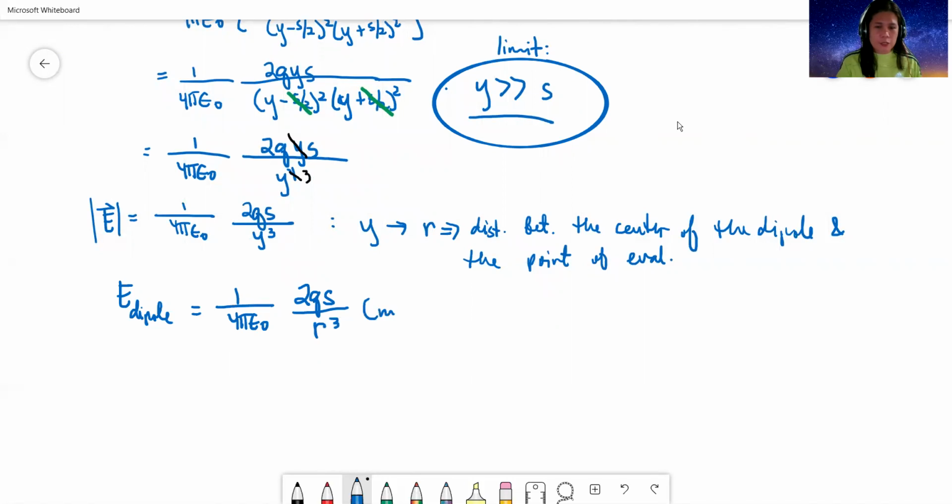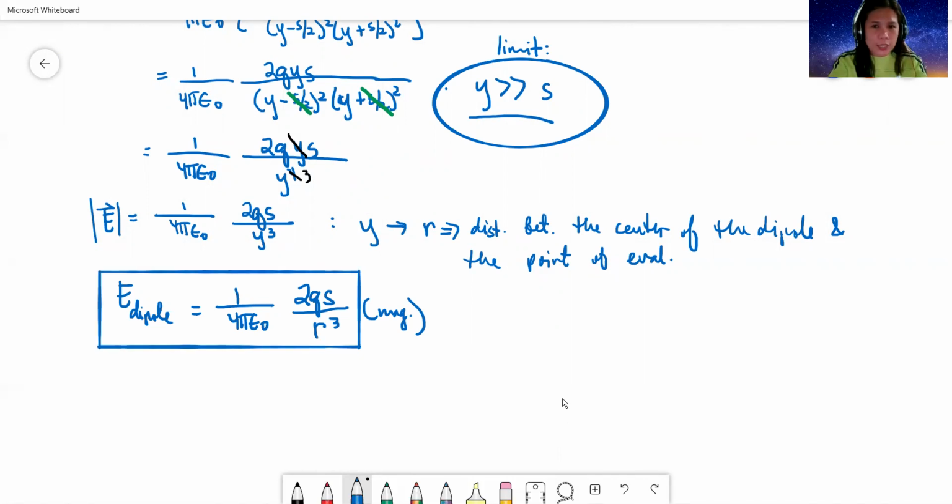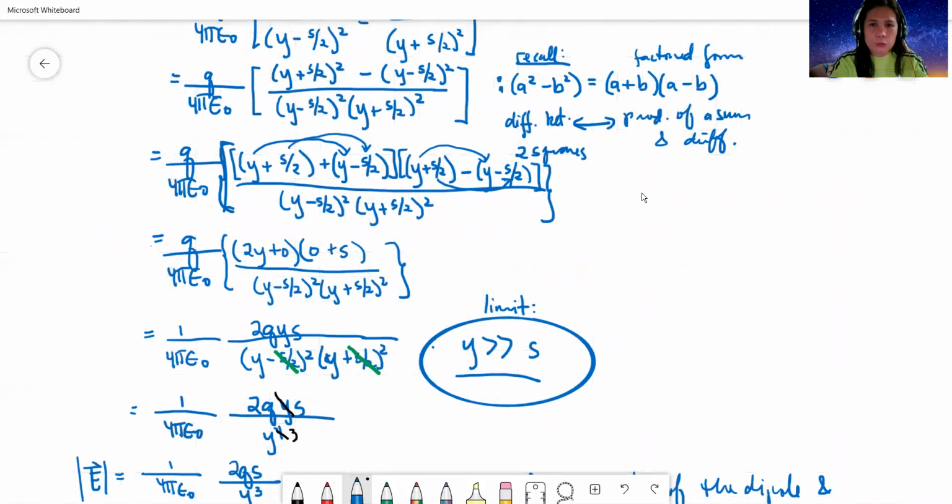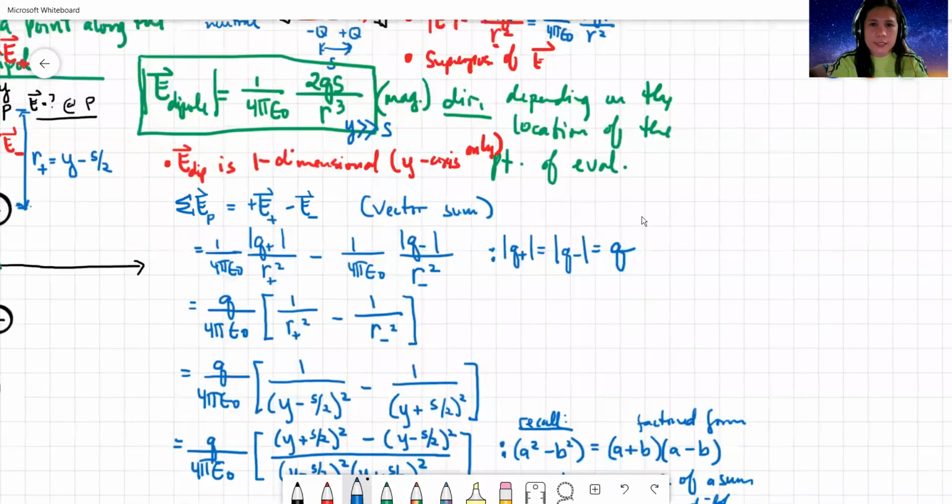This gives you the magnitude. The direction will just depend on whether y is above or below; it's always along the axis. For this particular case, this is the magnitude. Are we able to derive the correct answer?